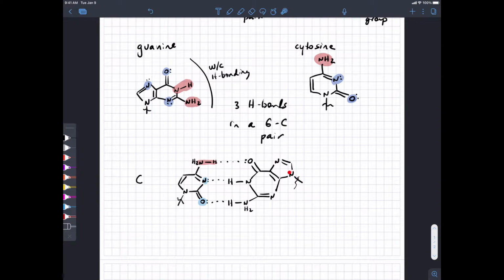And here is the glycosidic linkage with the other sugar. Okay, so you have these pairs of hydrogen-bound groups, and this is called Watson-Crick hydrogen bonding.